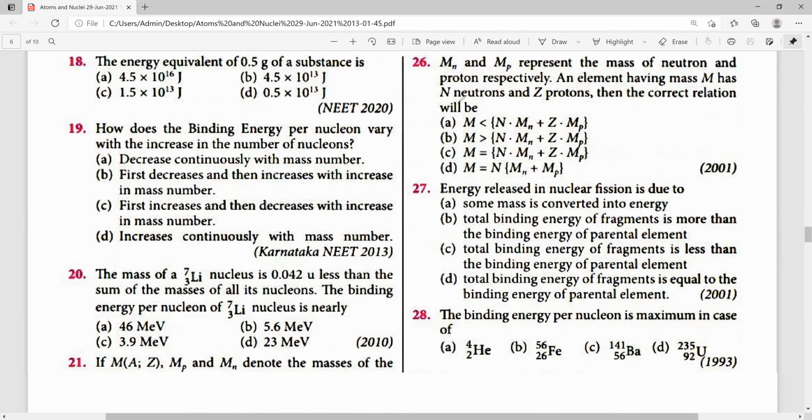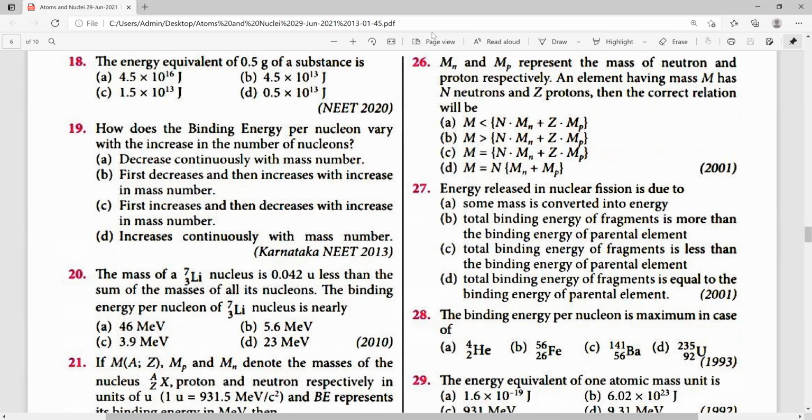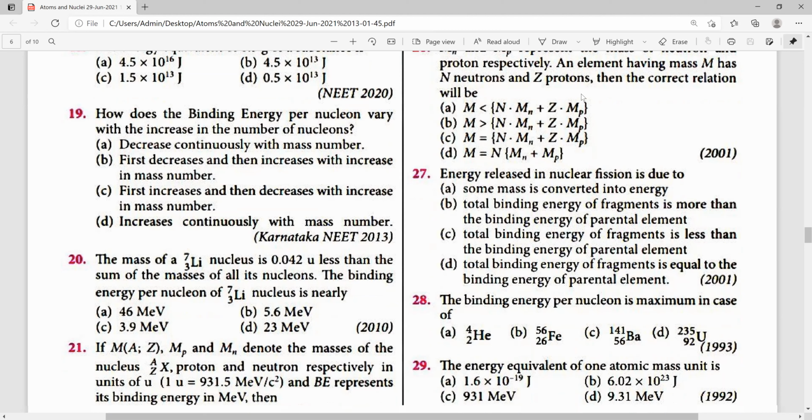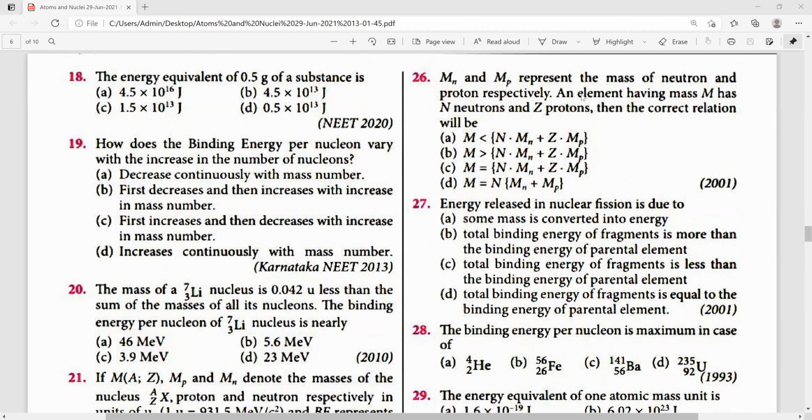Next, 18th one. Energy equivalent of 0.5 gram of substance is 4.5 into 10 to the power of 13, 1.5 and 0.5 into 10 to the power of 13 joules, they have given. So here it is calculated by using the formula E is equal to mc square.